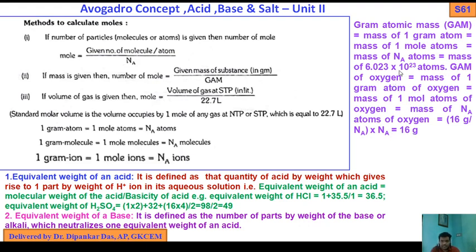I have already discussed GAM. Now come to how to calculate moles. What are the formulas? So, methods to calculate moles.